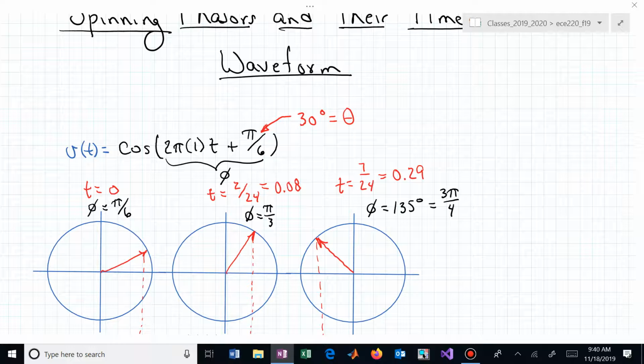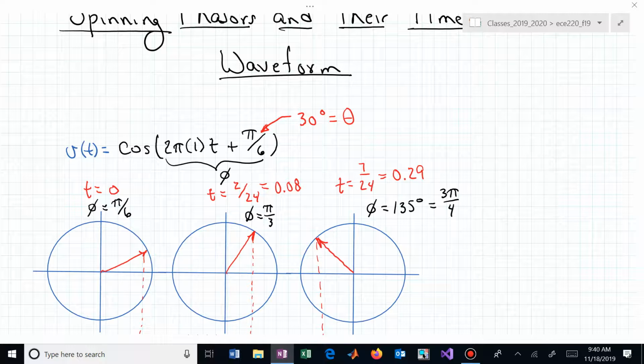of 2 pi 1t, what's the frequency? You can give me two equivalent answers. They just vary in their units. In hertz, what's the frequency of that cosine?